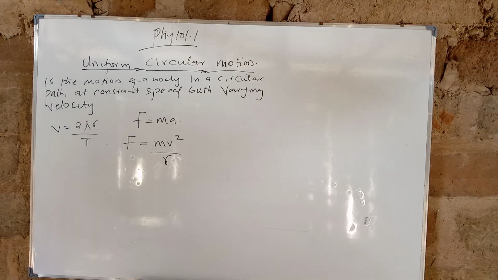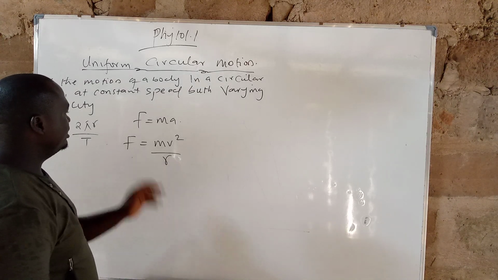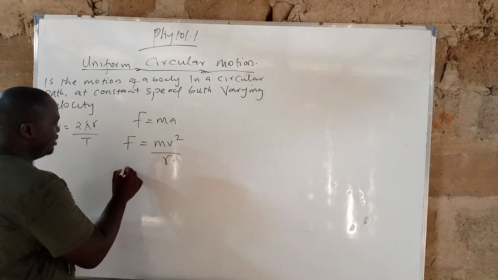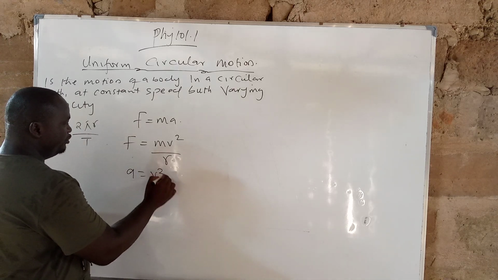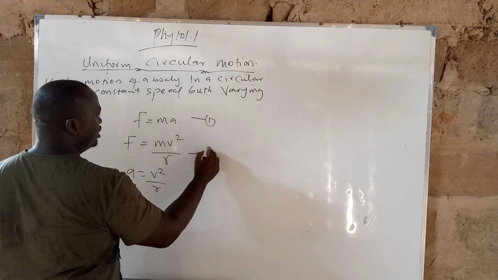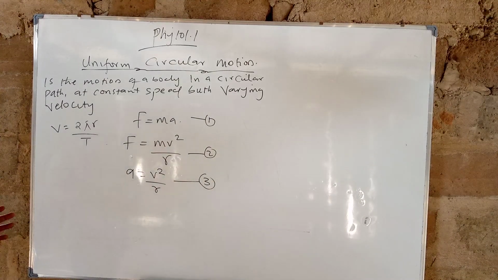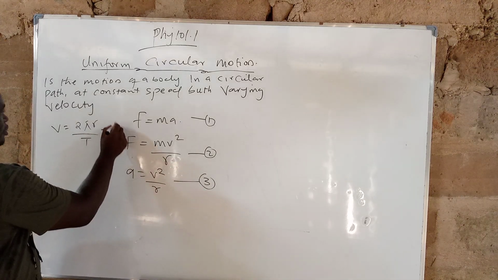Now, remember, if this is the formula for centripetal force, that means that a is equal to v square all over r. If this is my equation 1, this is my equation 2, and this is my equation 3. Let me call this equation 4.